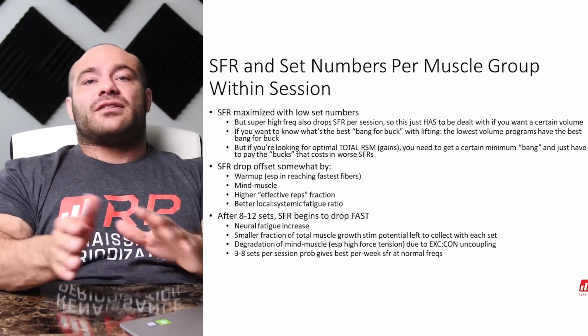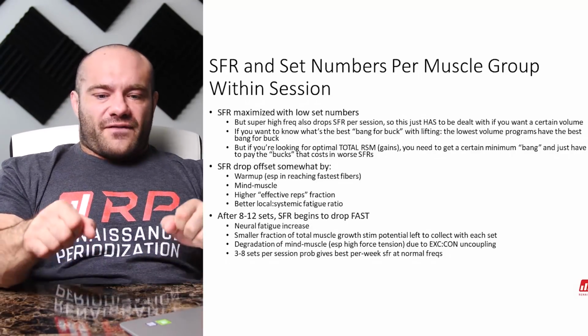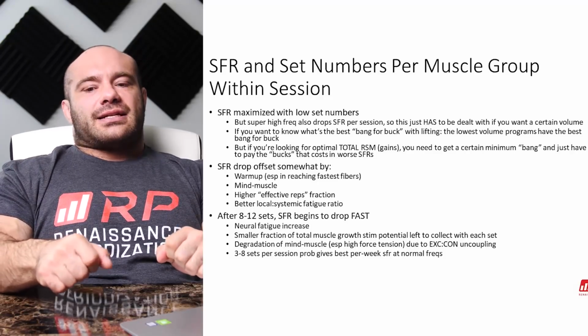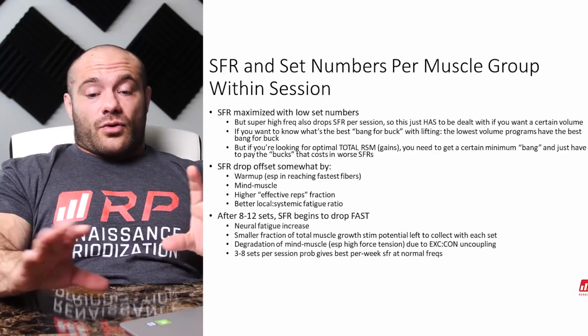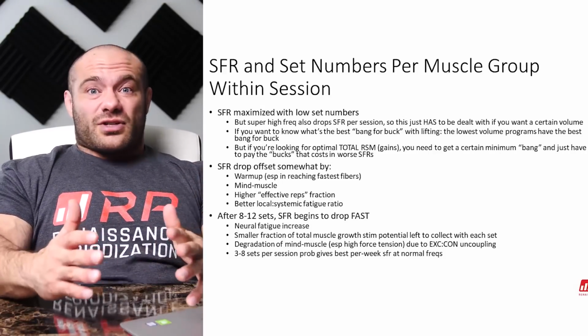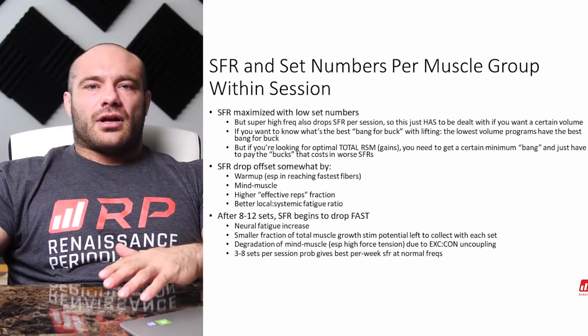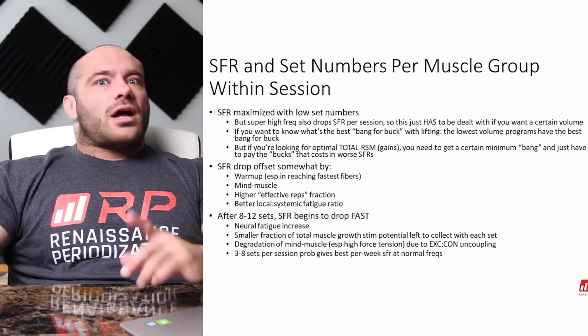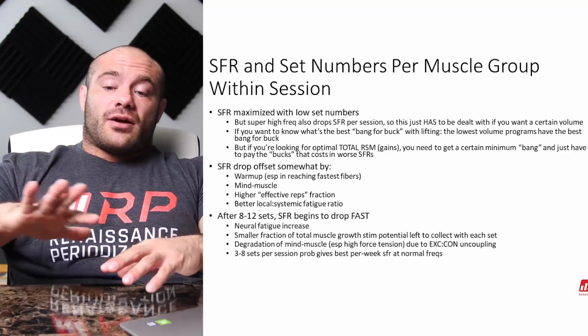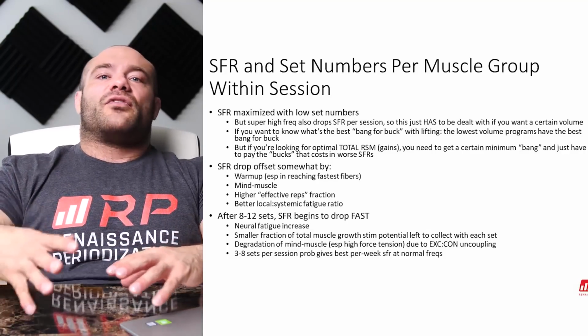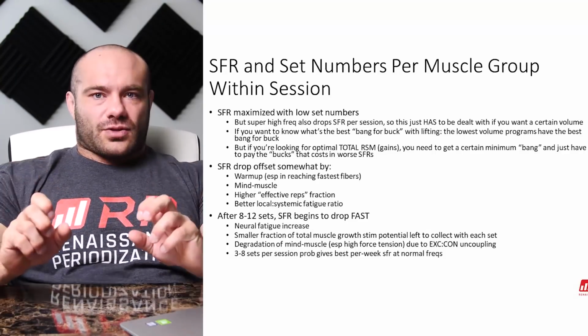There's a higher effective reps fraction, right? So if you do 15 reps on your first set and you do 7 reps to failure on your second set, remember that those cause a very similar amount of hypertrophy as far as set to set to set is concerned, primarily because much, not most or all, much of the hypertrophy is caused by the last 3 or 4 very difficult reps, the effective reps, so to speak.